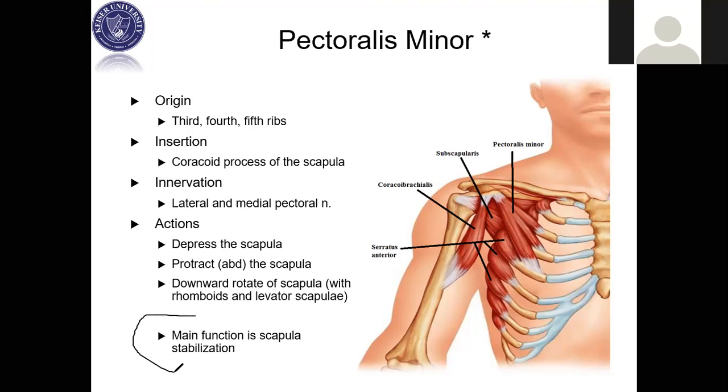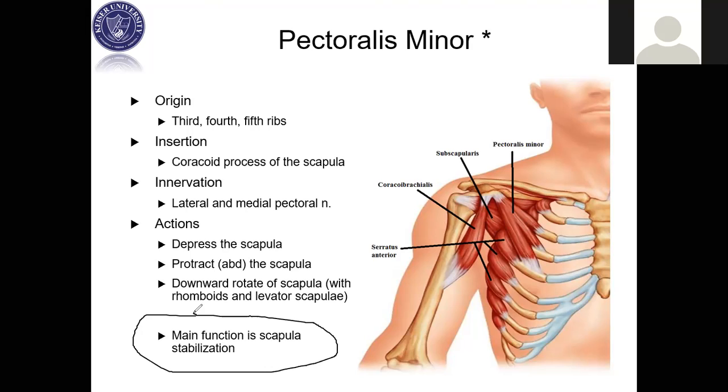The main function of the pectoralis minor is to stabilize the scapula. Because the scapula is not a true joint, it needs certain muscles and certain structures to maintain its stability. And pec minor is one of those muscles.